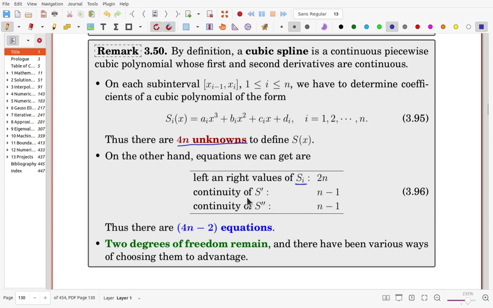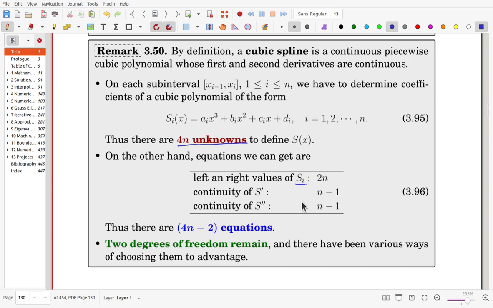For S prime, its continuity can be enforced at the n-1 interior points. So we have n-1 equations. For S double prime, its continuity can also be enforced at the n-1 interior points.